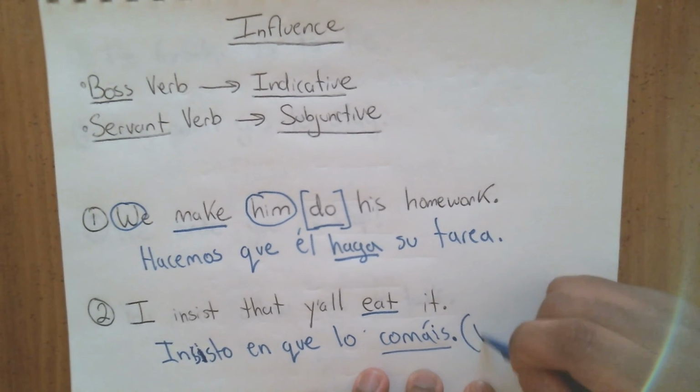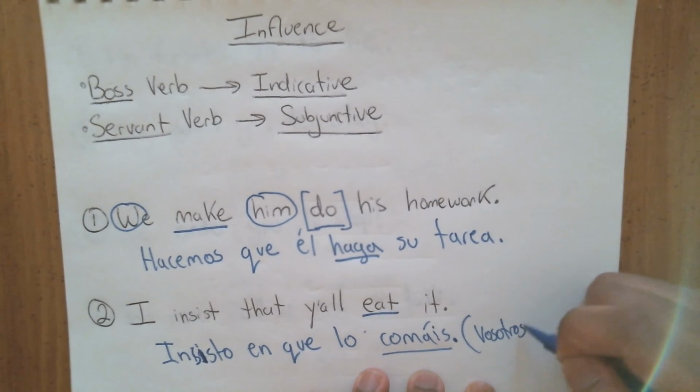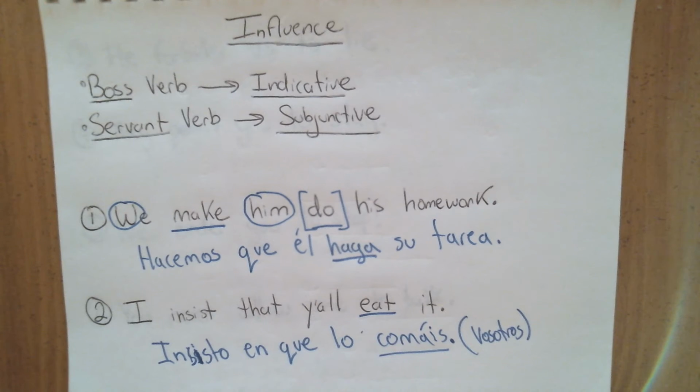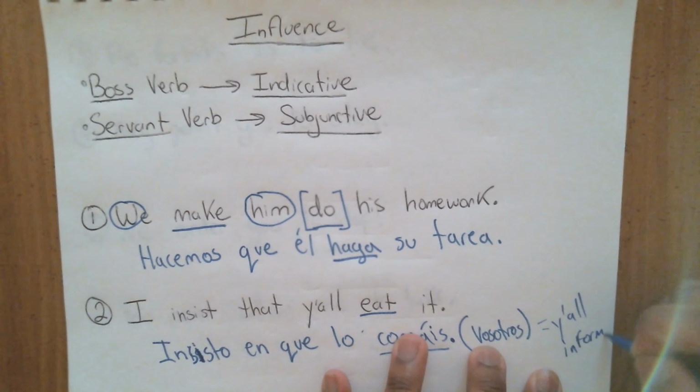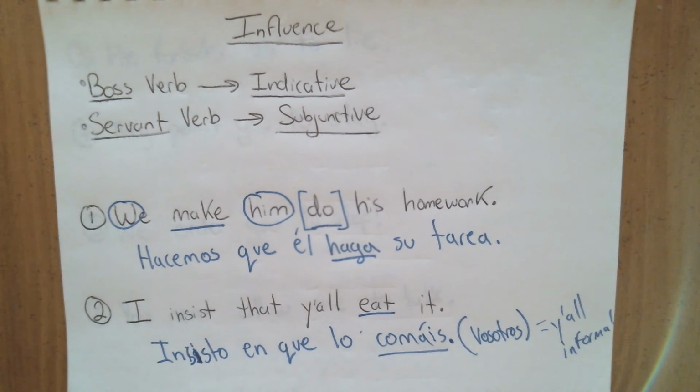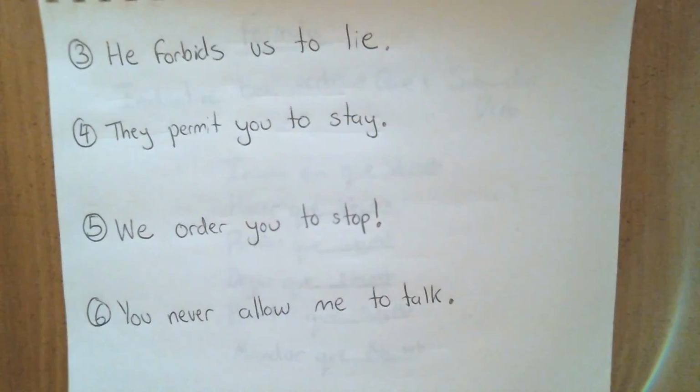Remember, this is the vosotros form of subjunctive comer. And vosotros just means y'all, informal, all right? And you should have already known that from my free sample. But I insist that y'all eat it. Y'all are the ones who are doing what I say. And because y'all are the servant in the sentence, servant subjunctive.